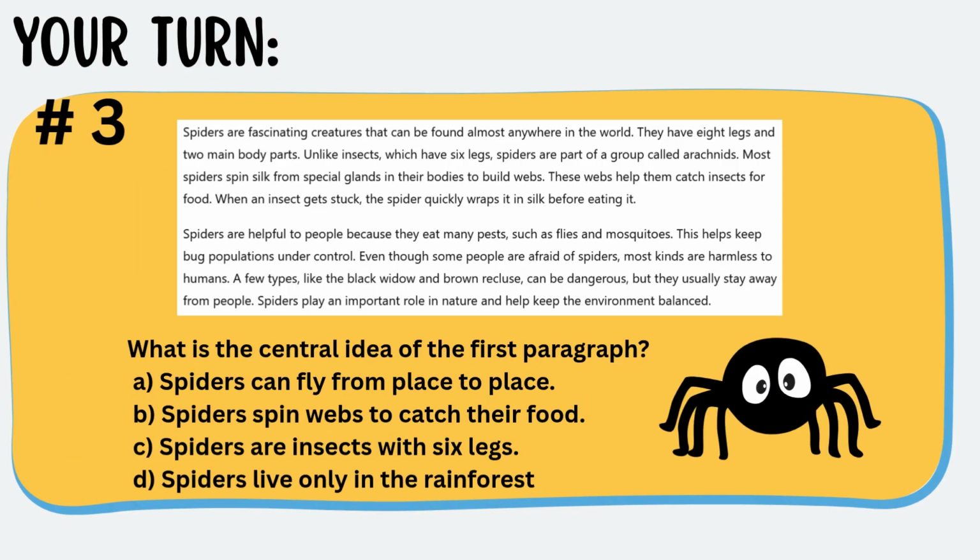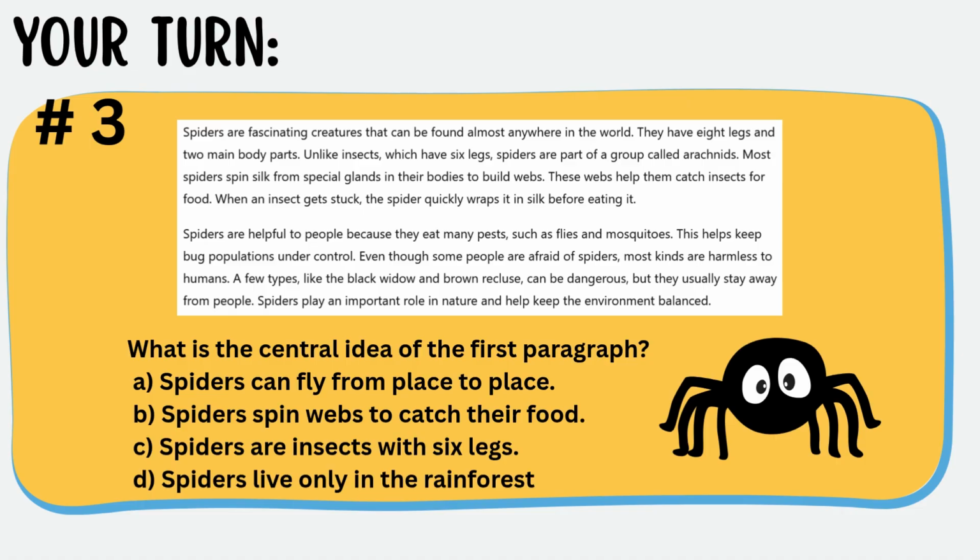All right, here is another text, question number 3. Again, pause the video, read the text, answer the question. What is the central idea of the first paragraph? So again, look for that topic that the author is talking about in that first paragraph and the point that the author is making in that first paragraph.